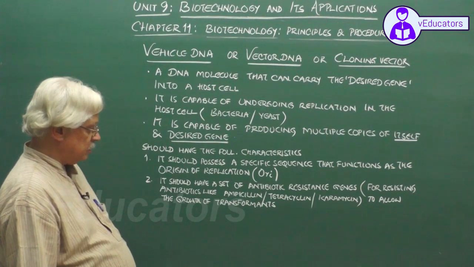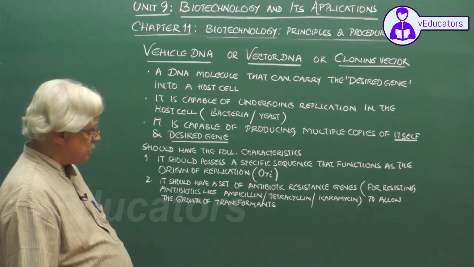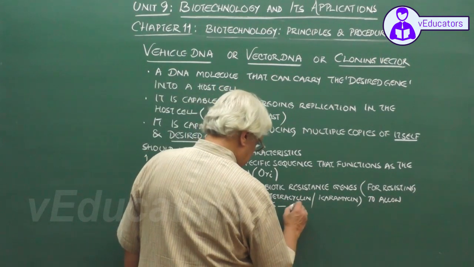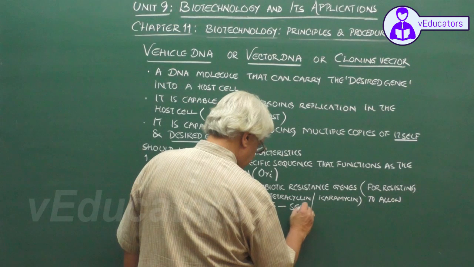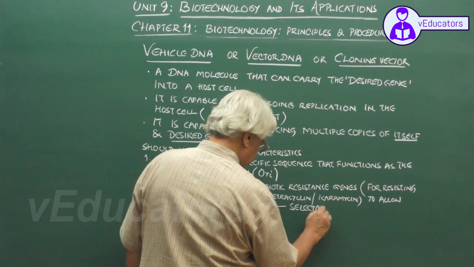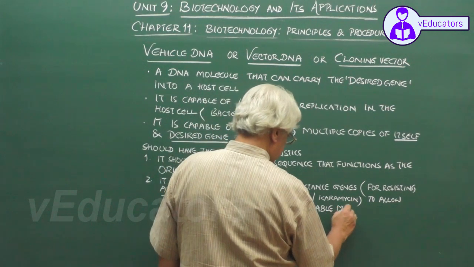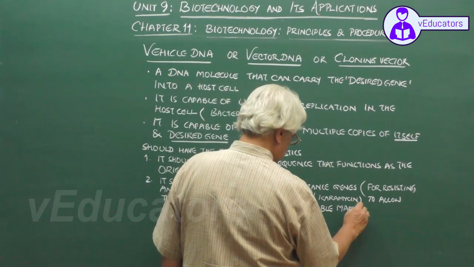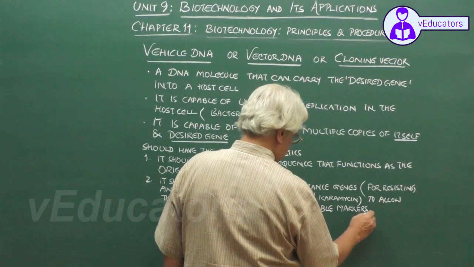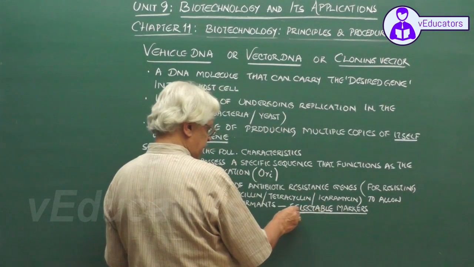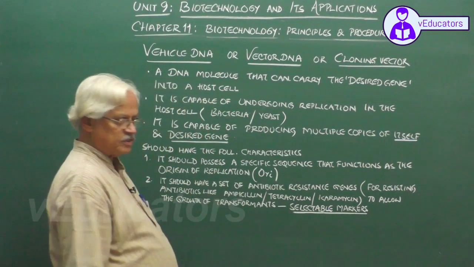So these regions are called selectable markers.